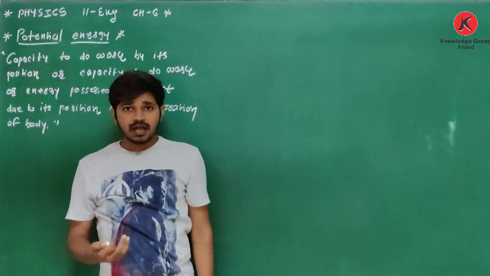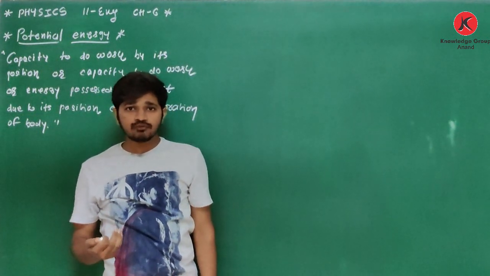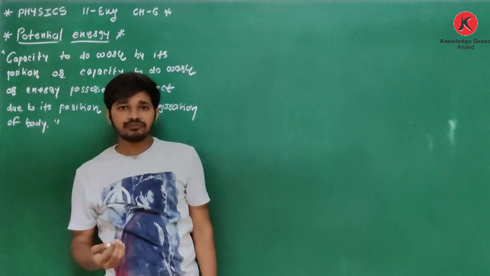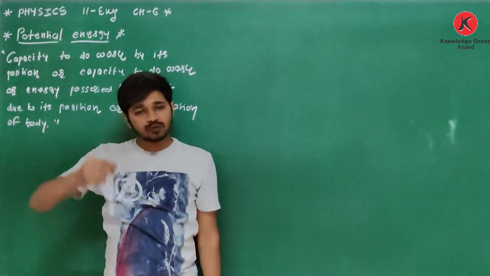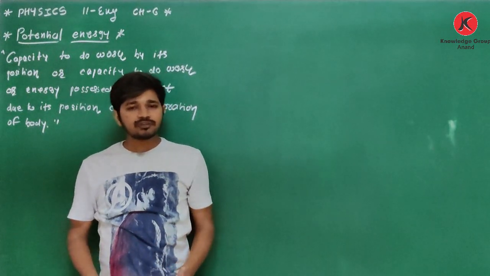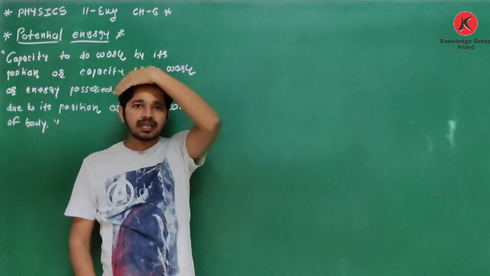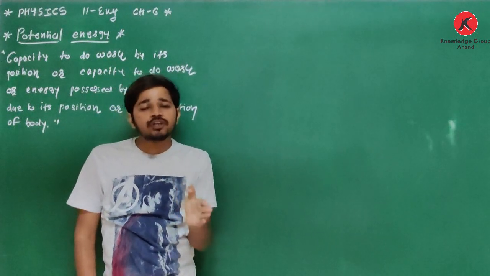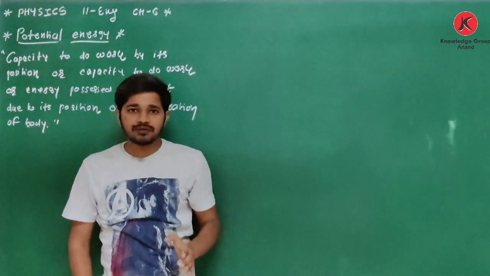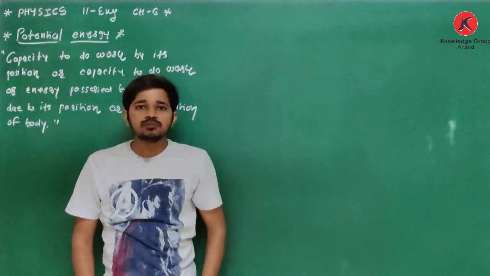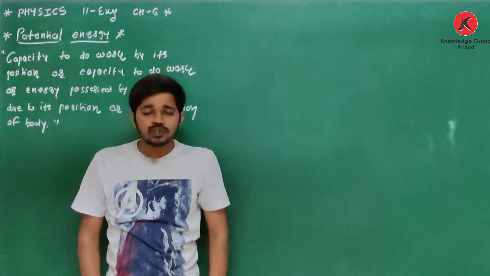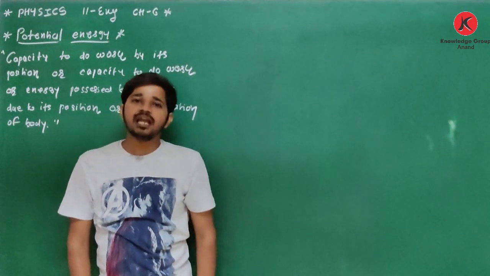If I apply some external force on this chalk in the opposite direction of gravitational force, then it will move in the opposite direction. So if we want to bring any object in the opposite direction of gravitational force, we have to do some work. And that work is equal to the change in potential energy.